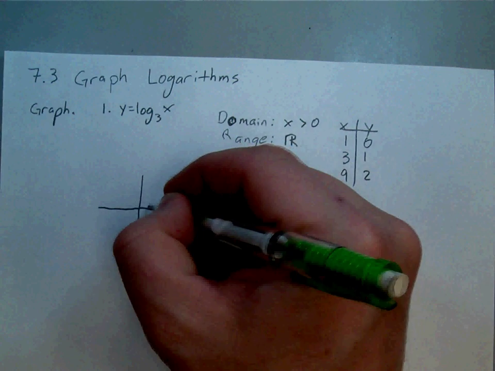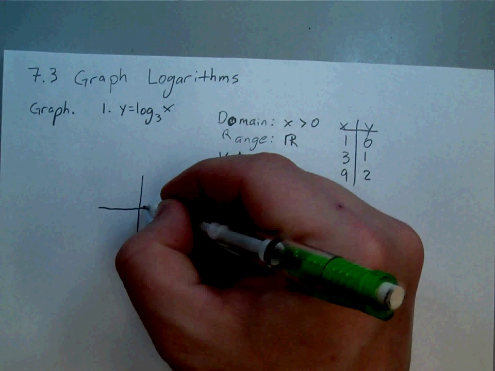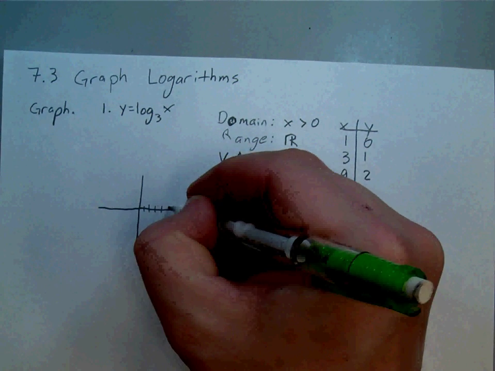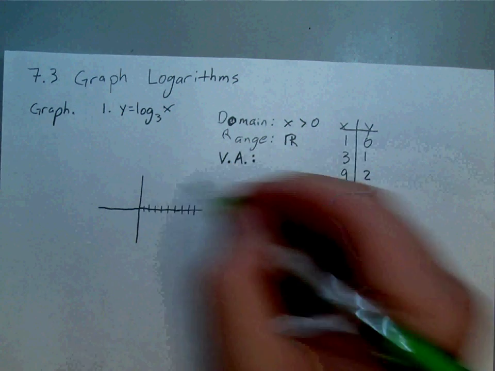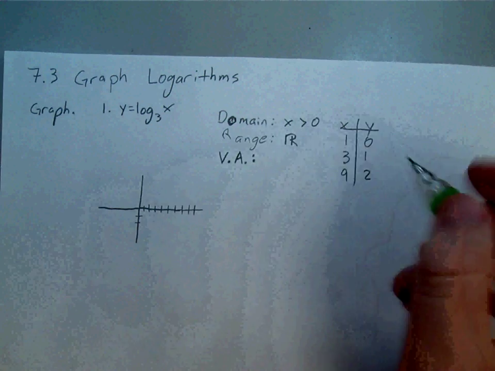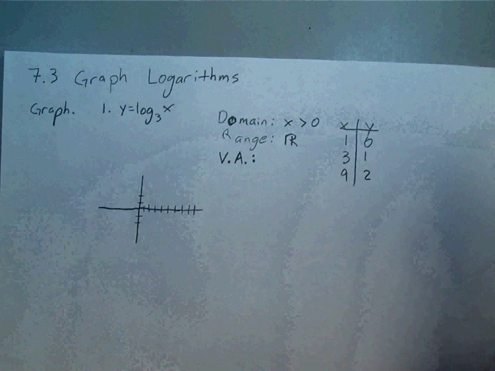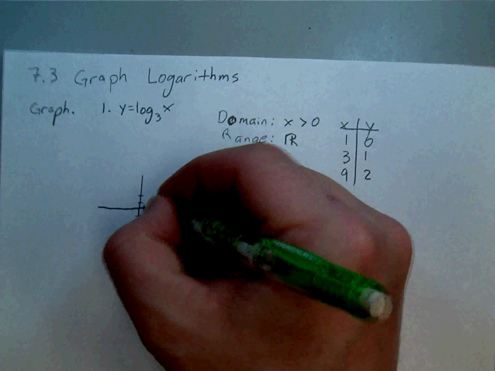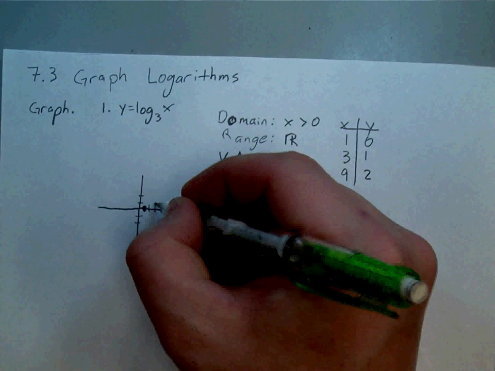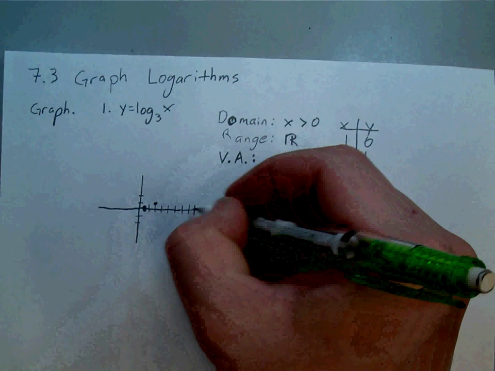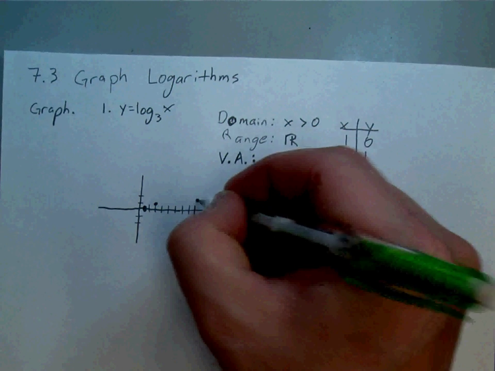But let's plot those points. 1, 2, 3, 4, 5, 6, 7, 8, 9. Okay, so (1, 0), (3, 1), (9, 2).